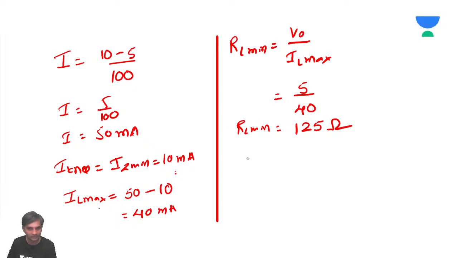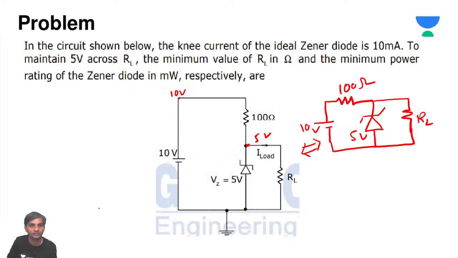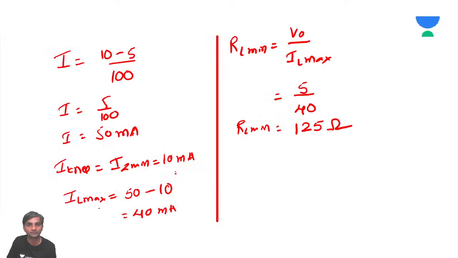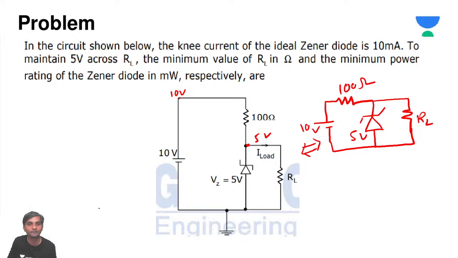Similarly, find out what he's asking. He's asking the minimum power rating of the Zener diode in milliwatts. Minimum power rating of the Zener diode.